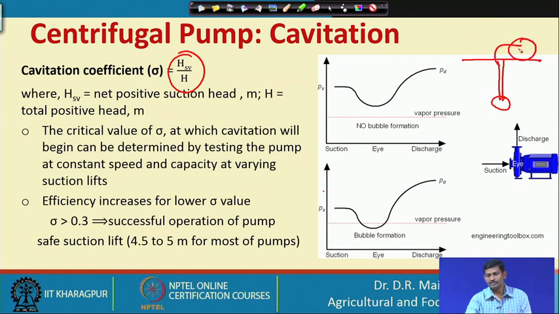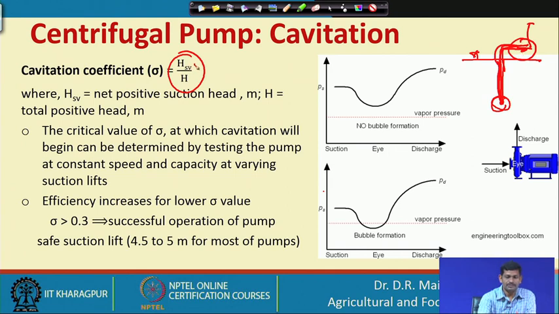If this is the pump, then at the foot valve, in order to lift water from this point to the center of the impeller, you need to have a minimum suction. That suction is required to lift water from this point to this one. So the net positive suction head is the minimum pressure, or the negative pressure, required to lift water from the source in a centrifugal pump.